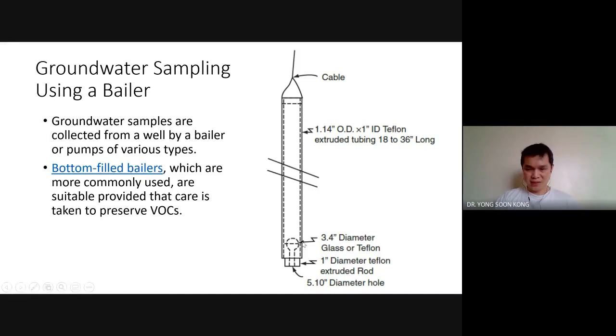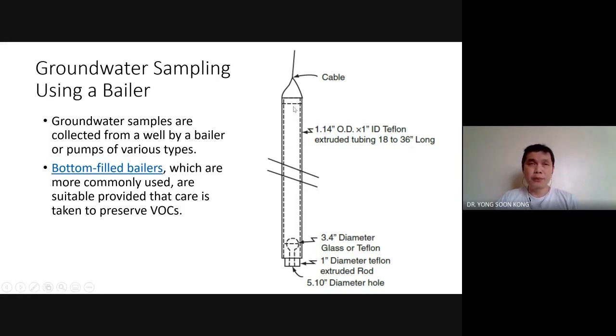At the bottom of this plastic tube, which is transparent by the way, they have a floating device. I'm not sure how it works, but somehow when you put it down, groundwater will flow in at the bottom and fill up the entire chamber.